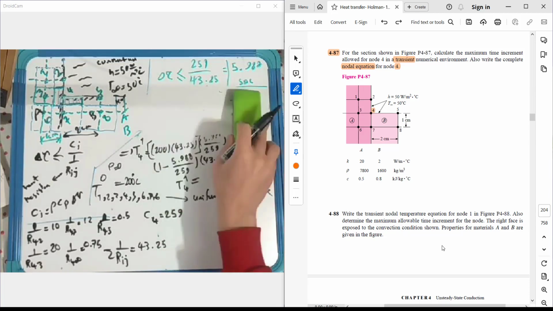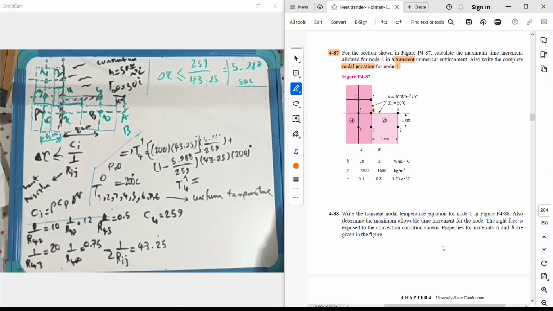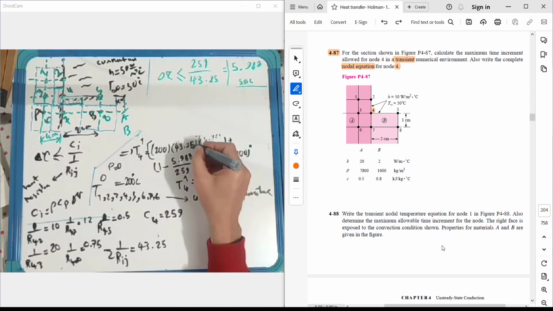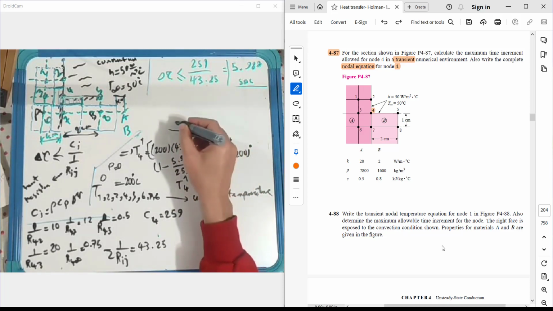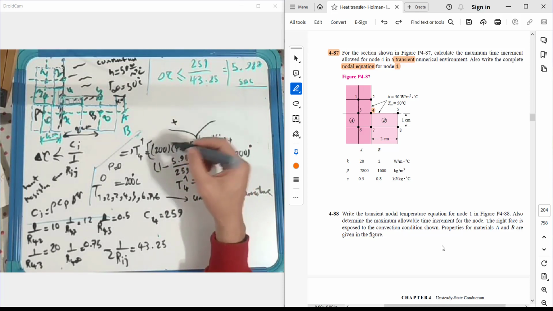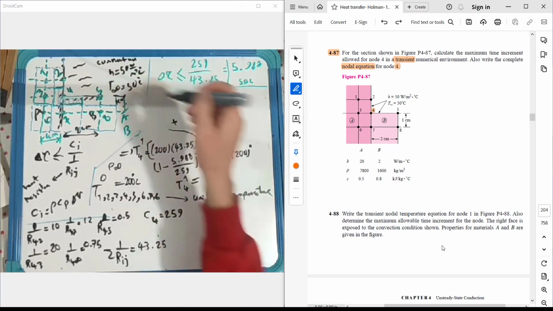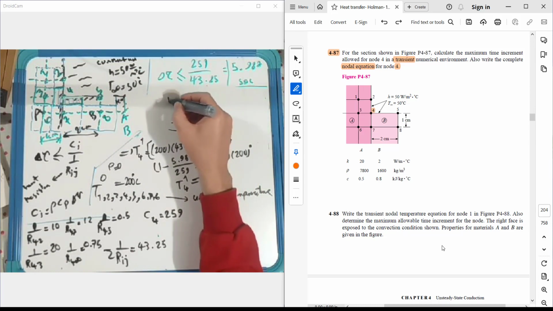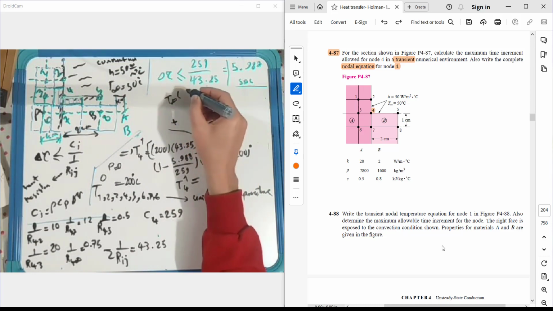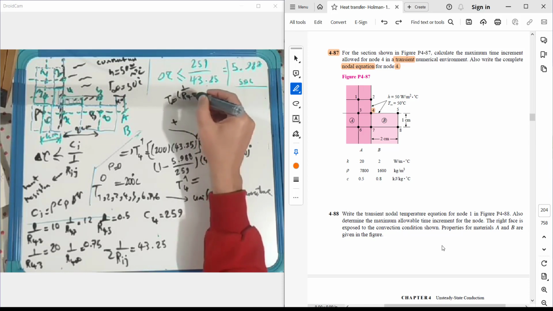Plus I have another thing here, the temperature of T infinity multiplied by R for infinity.